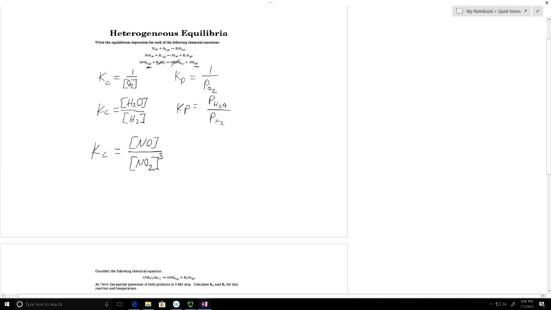Again, we're raising it to the power of its coefficient. Kp would just be the pressures. So pressure of NO over pressure of NO2 cubed. It's that simple.